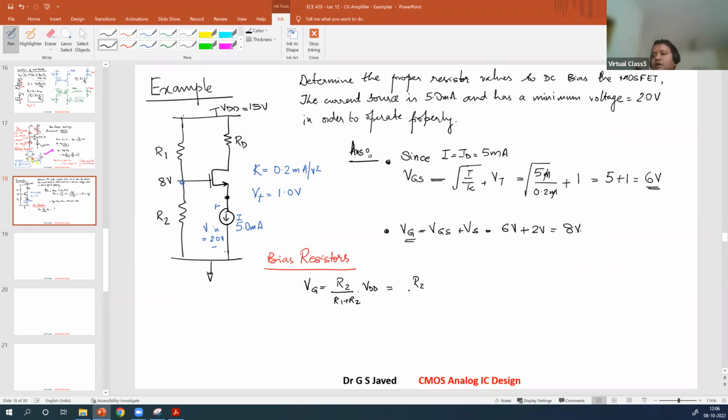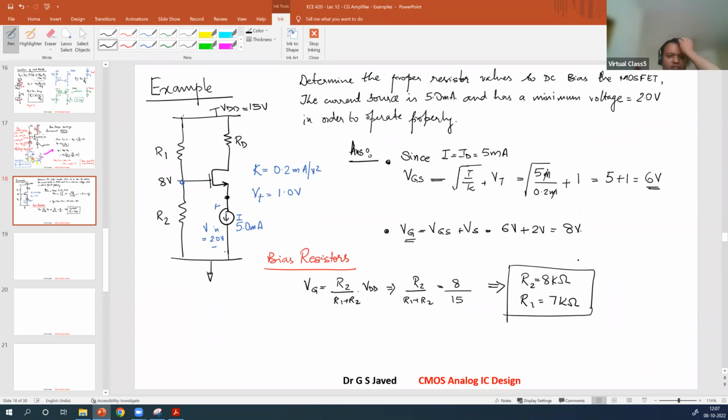So R2 by R1 plus R2 is equal to 8 volt divided by VDD, which would be 15 volt. What this gives us is R2 is equal to, you can consider, 8 kilo ohm, and you can consider R1 to be 7 kilo ohm. Right? So now you have designed the bias resistor, design is complete.